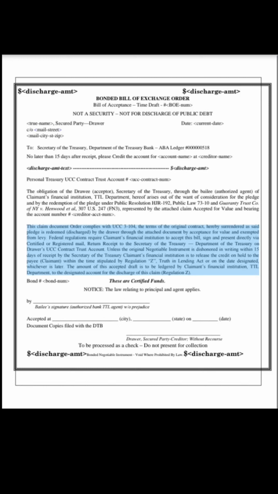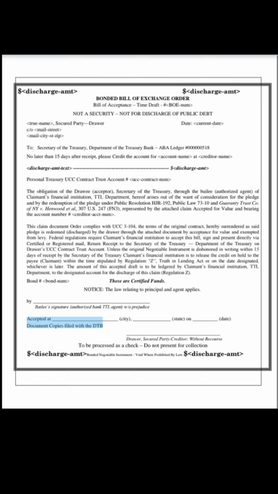The amount of this accepted draft is to be ledgered by claimant's financial institution, TTL Department, to the designated account for the discharge of this claim, Regulation Z. These are certified funds. Bailee's signature, authorized bank TTL agent, without prejudice.